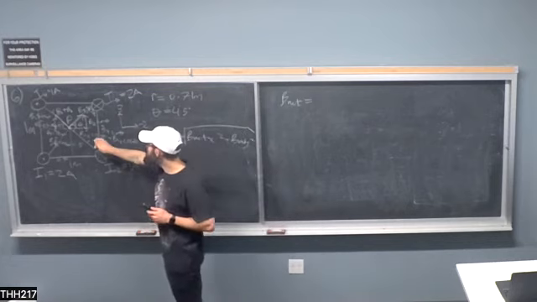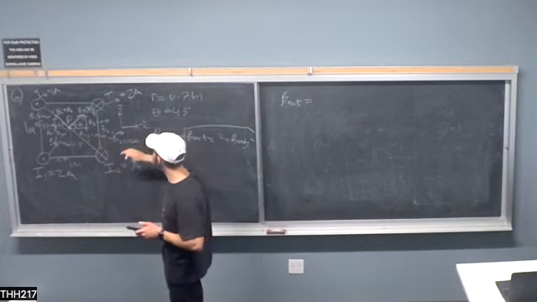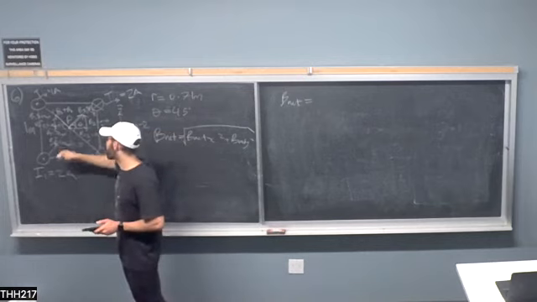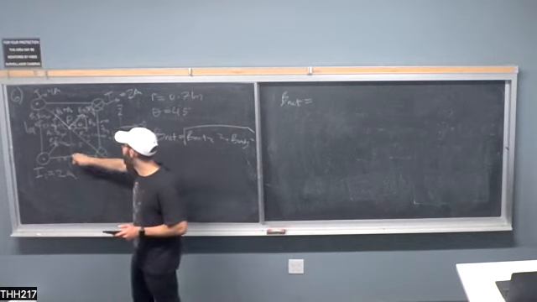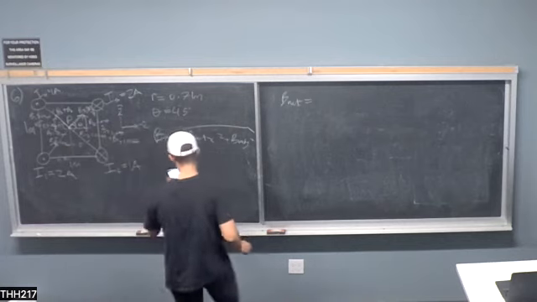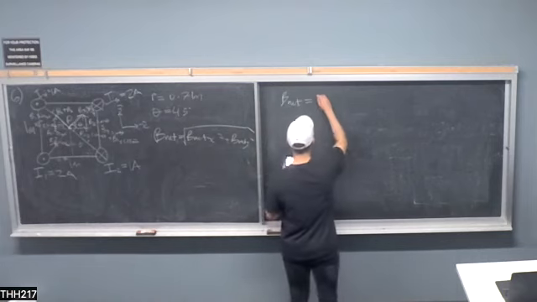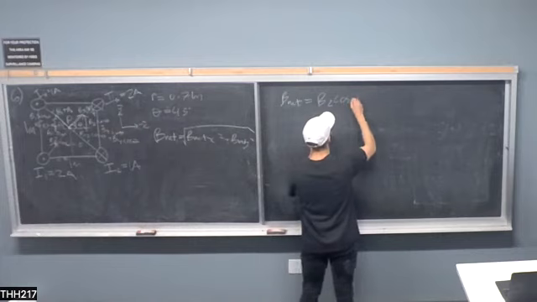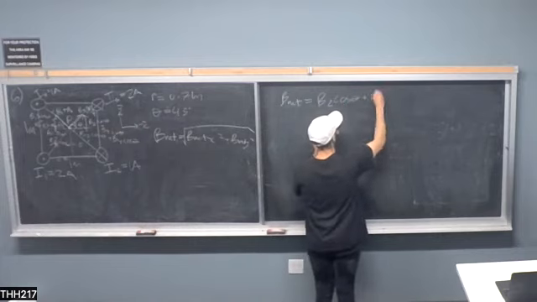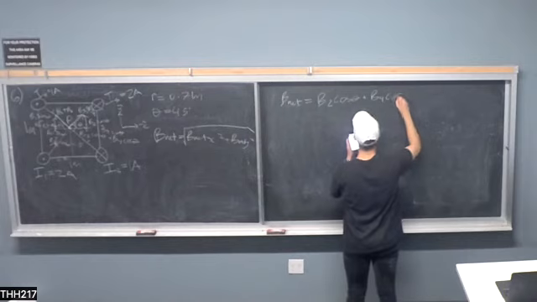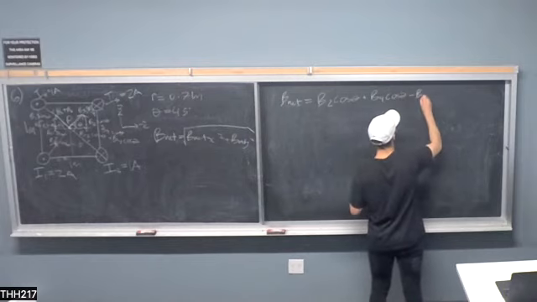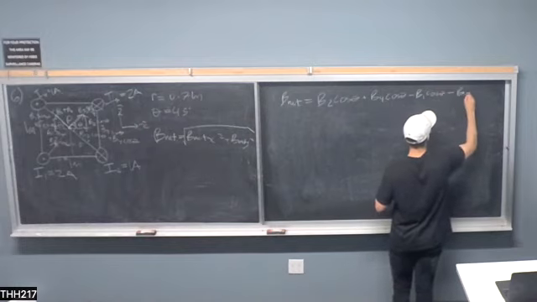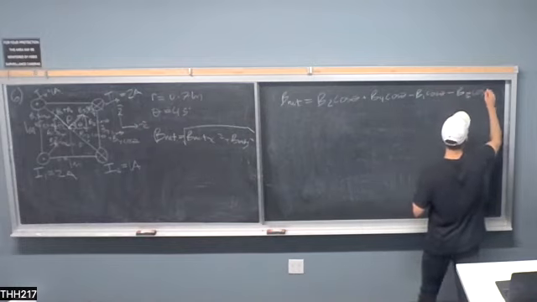We have B2 cosine theta plus B4 cosine theta in the positive x direction, minus B1 cosine theta, minus B3 cosine theta. It's going to be a lot of plugging in here. So B2 cosine theta plus B4 cosine theta minus B1 cosine theta minus B3 cosine theta.